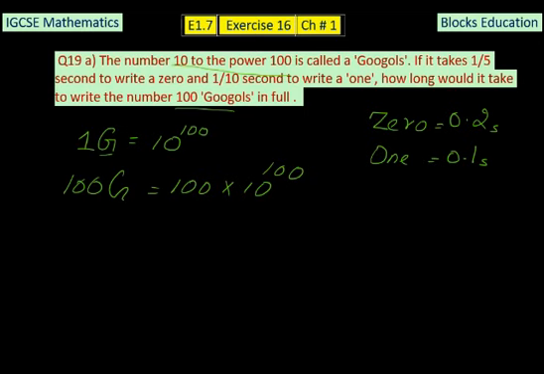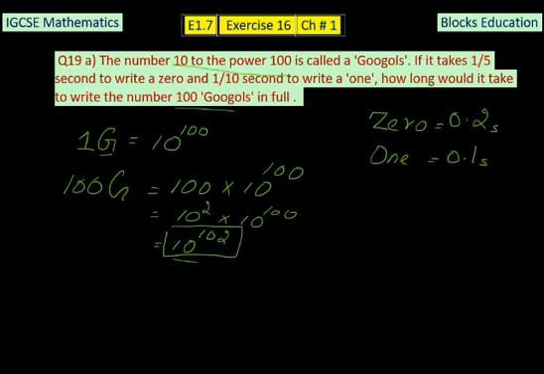And just simplify a bit more, so 100 can be written as 10 raised to power 2 into 10 raised to power 100, so it means that 100 Googols equals 10 raised to power 102, right? So this is the information of 100 Googols. Now we have to see how long it takes to write 100 Googols. So 100 Googols equals 10 raised to power 102. So this information is very critical.